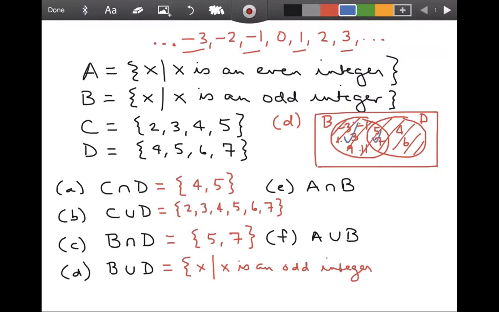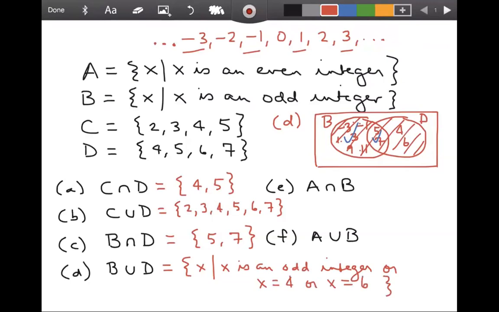So the only 2 numbers that I have to add in there that are not already there are 4 and 6. So one way you can do that is to continue the set of all x such that x is an odd integer, or x equals 4 or x equals 6. So if you are any one of those things, either an odd integer or the number 4 or the number 6, you get into the union of these 2 sets.